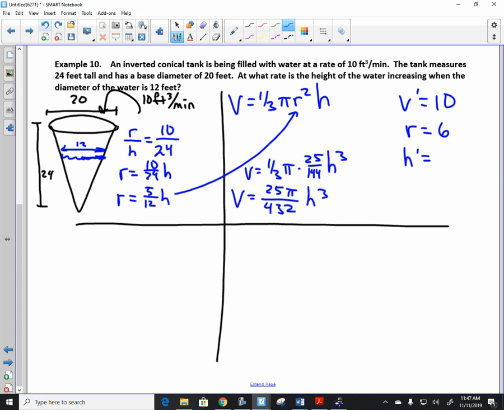Great. I now have a formula for volume in terms of just H as opposed to H and R. Derivative with respect to what? Time. Volume equals 25 pi over 432 H cubed.